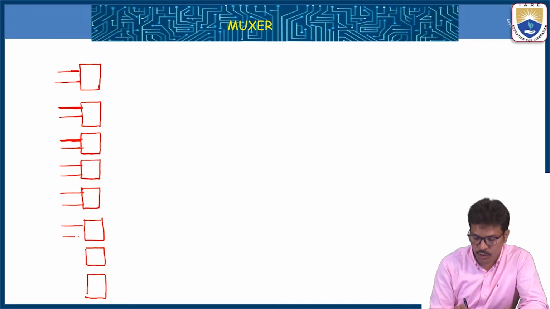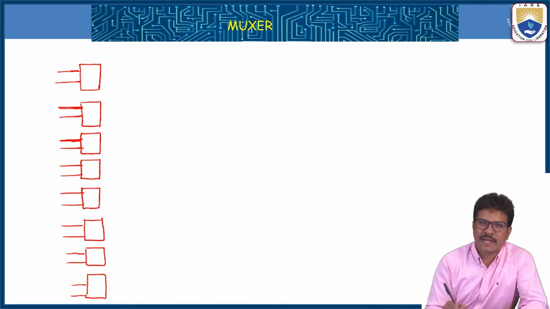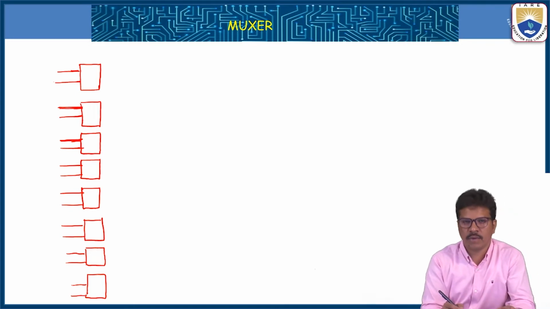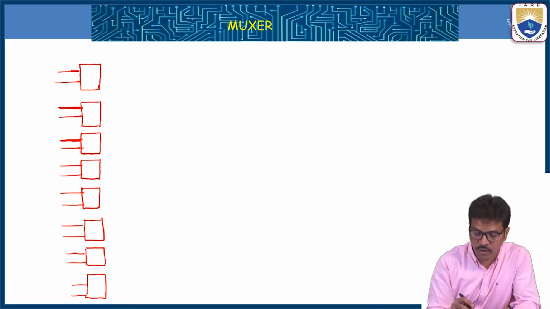Can we call them unique numbers, unique names? Of course, an individual multiplexer has its inputs I0 and I1, but we can consider unique names.